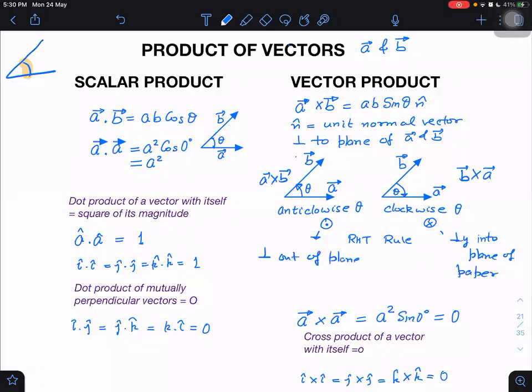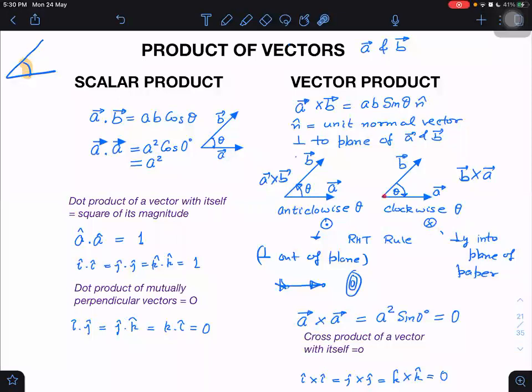It is perpendicularly coming out towards us. I think I told you that in a dart game, when the arrow is coming towards us, we see a dot. But if it is going away from us, we see a cross. So the cross represents going away from us.